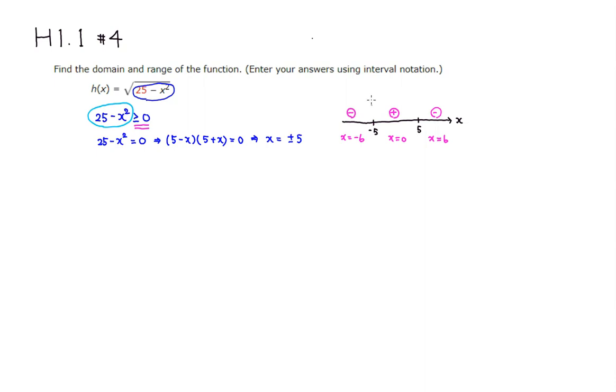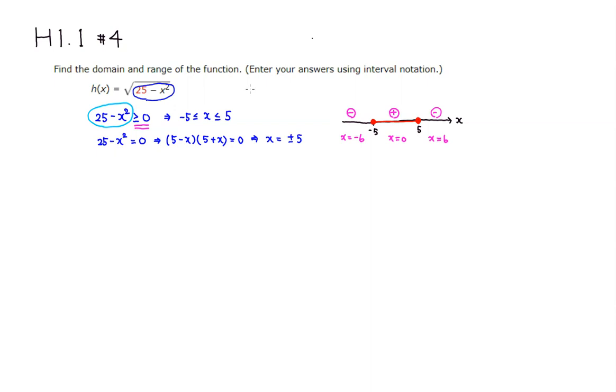So we should include the 0 and anything between negative 5 and positive 5, including 5. So we know that x has to be between negative 5 and positive 5, including negative 5 and positive 5.